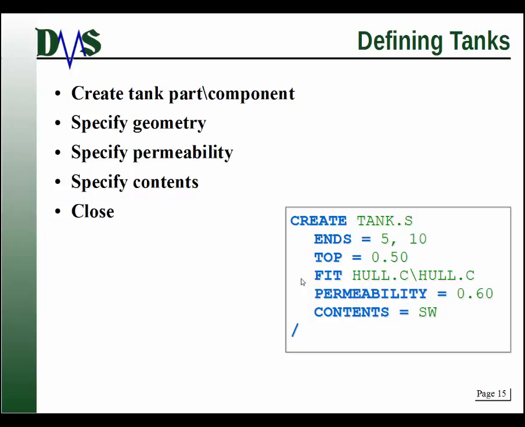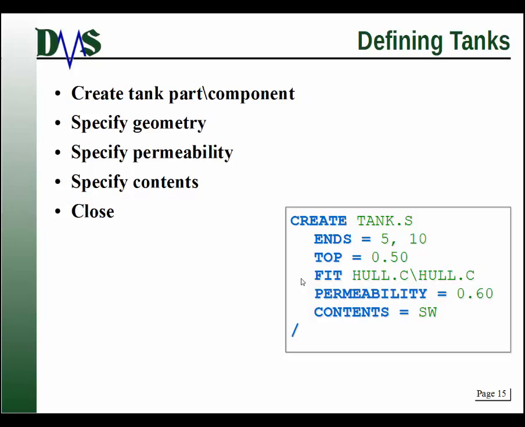So you're specifying transverse bulkheads at 5 meters aft and at 10 meters aft. And then we're specifying the top of the tank, which is 0.5 meters above. And notice we've left everything else undefined. And I'm telling it, fit everything else to the hull.